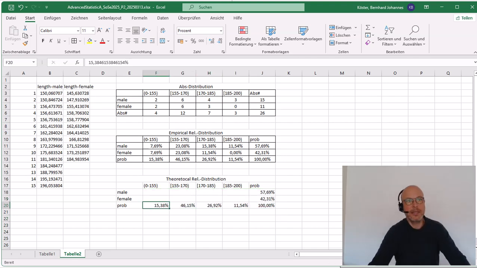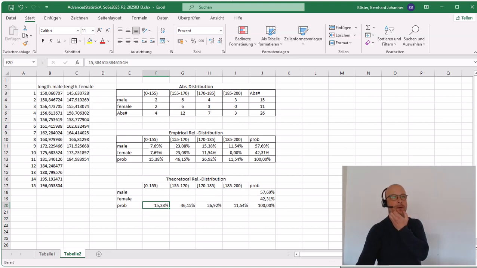So the probability for some person to have a length between 0 and 155 centimeters, not knowing if the person is male or female, is 15%, and the overall probability to be male is 57.69%.